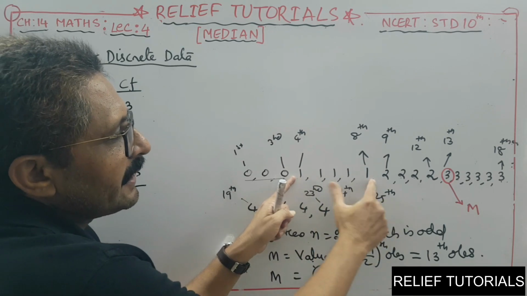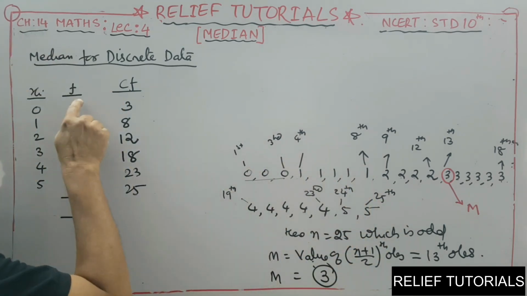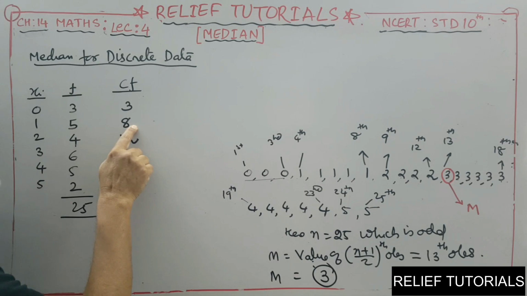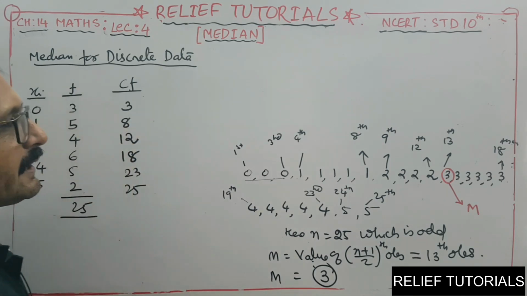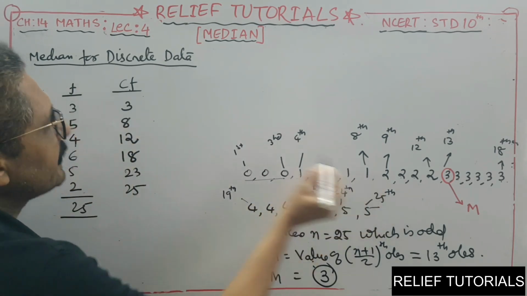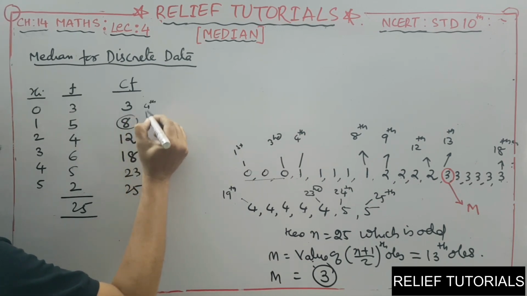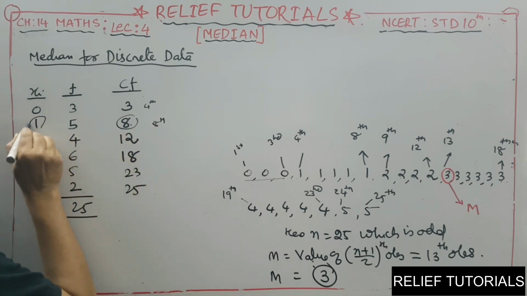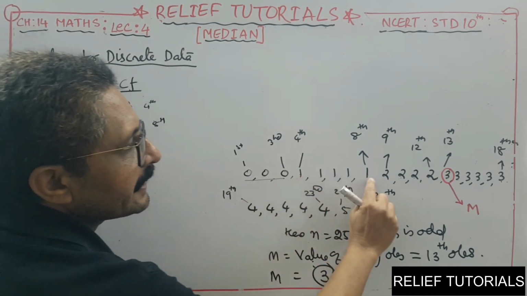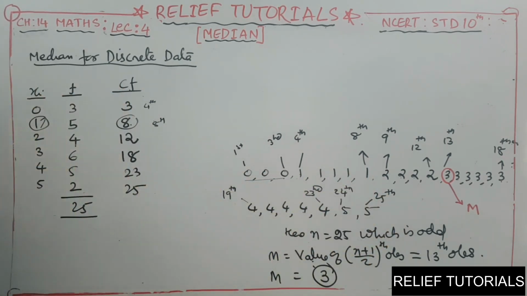How many students got 1 mark? That is 5. So 3 plus 5, it is 8. Now you see, from the 4th observation to the 8th observation, it is 1. After 3 we will get 4.